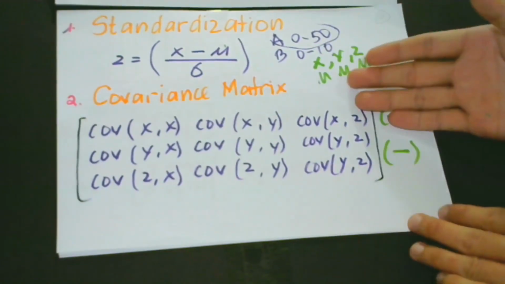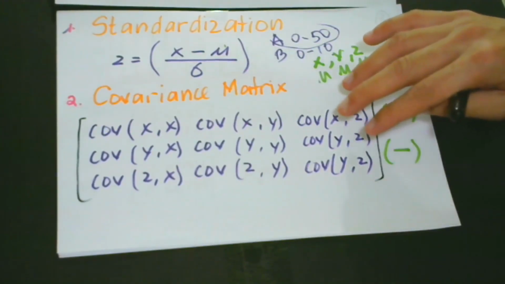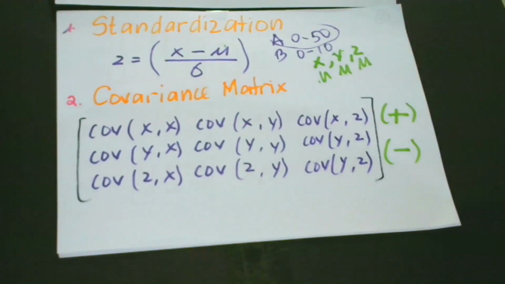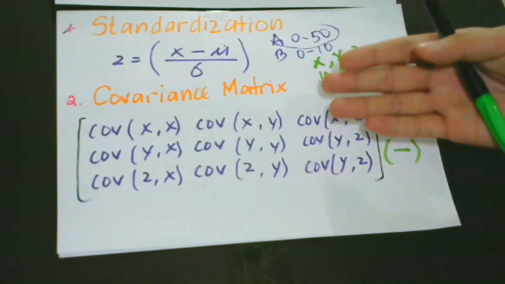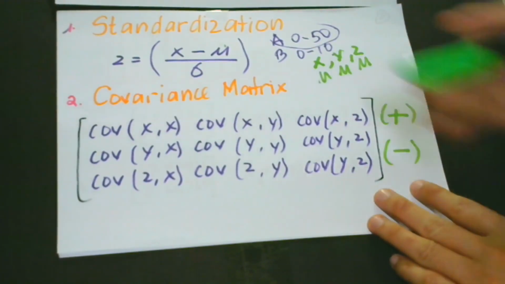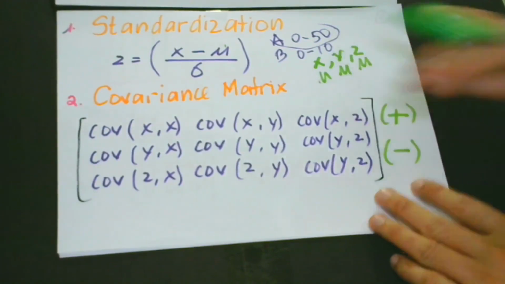So what does this covariance matrix mean? So here we have as many entries of covariance as there are pairs of variables. So I want to point out that this pairing is based on the initial variables.